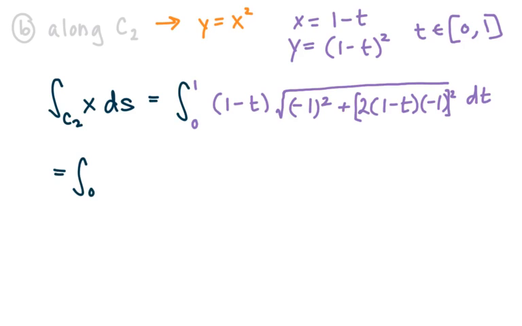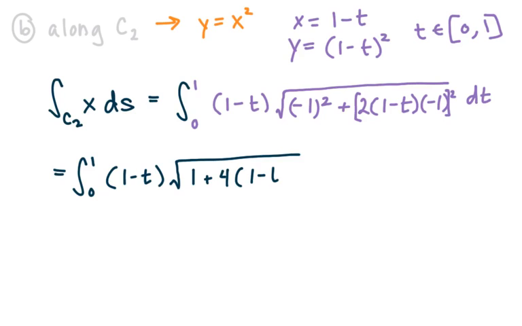This is the integral from 0 to 1 of 1 minus t. Under the radical, I have 1 plus 4 times 1 minus t, quantity squared, dt. Doing a u substitution here, we'll say let u equal what's under the radical, 1 plus 4 times 1 minus t squared.